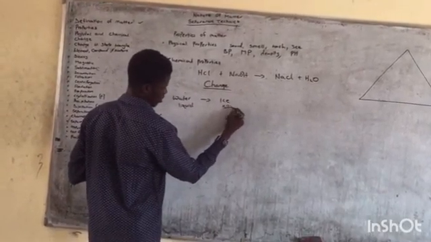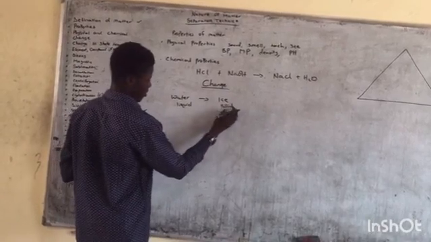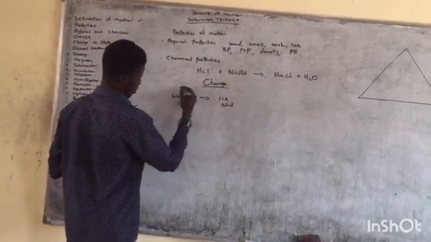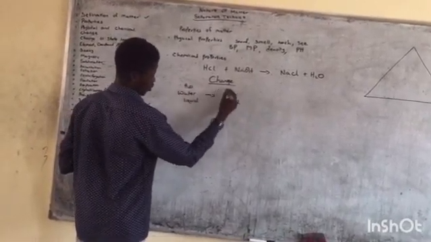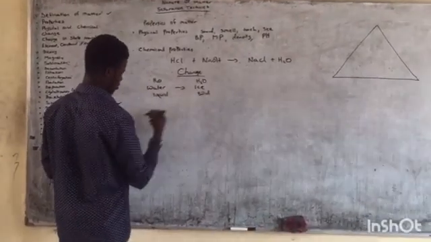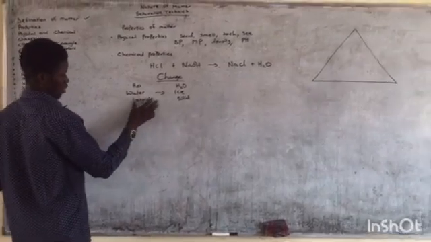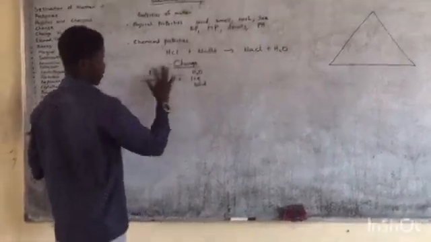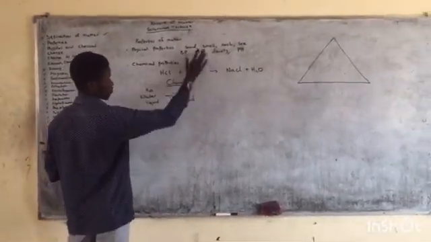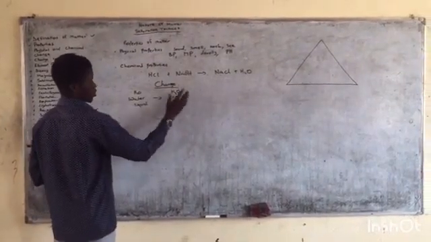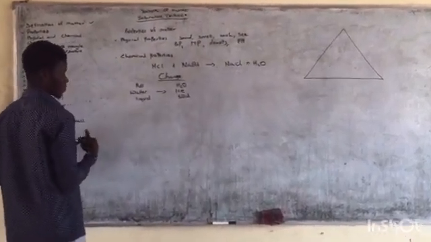So if I touch this one, I feel liquid. If I touch this one, I feel solid. But the truth is that both of them are H2O. You can see it? Both of them are H2O. So this is a physical change because we just changed the physical properties, from liquid to solid, right?